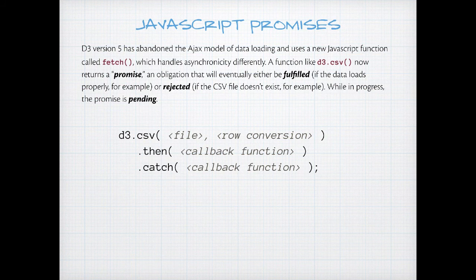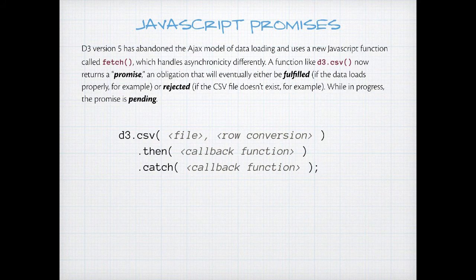That is to say, it is an obligation that we will one day eventually have loaded that CSV file. And if that CSV file loads properly, then our promise has been fulfilled. But if the CSV file doesn't load properly, then that promise is rejected.